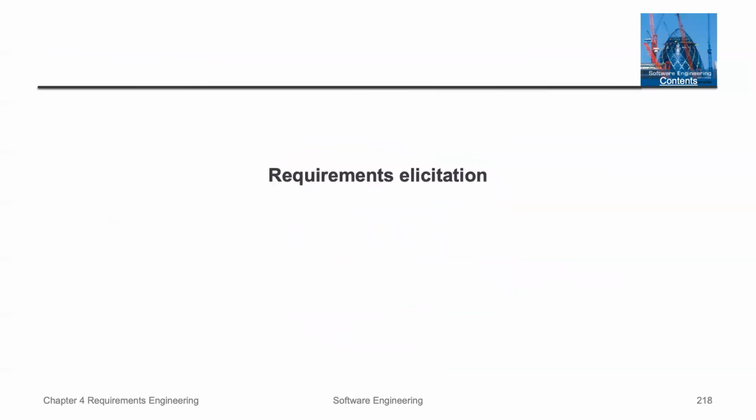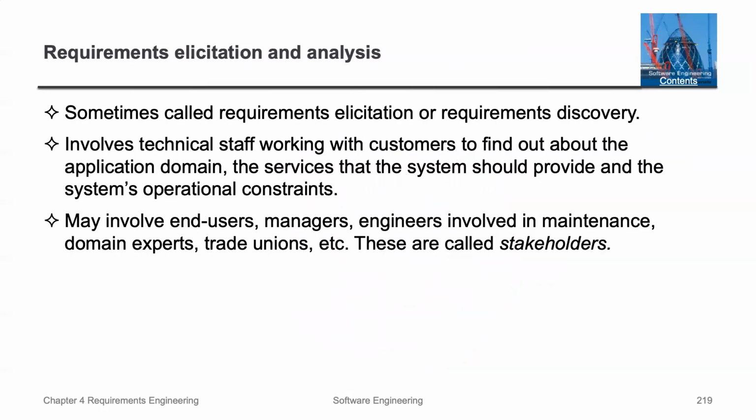In terms of requirements elicitation and analysis, sometimes called requirements elicitation or requirements discovery, this involves the technical staff working with customers to find out about the application domain, the services that the system should provide, and the system's operational constraints. It may involve end users, managers, engineers involved in maintenance, domain experts, trade unions, et cetera.